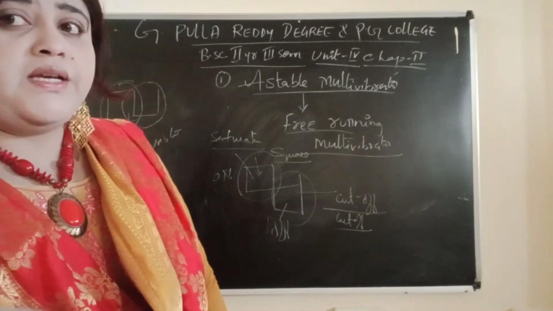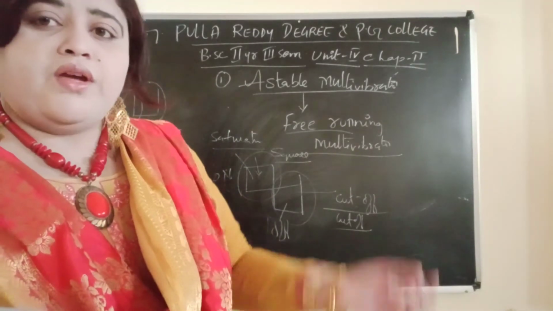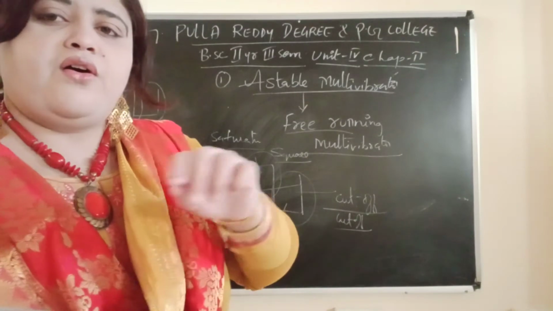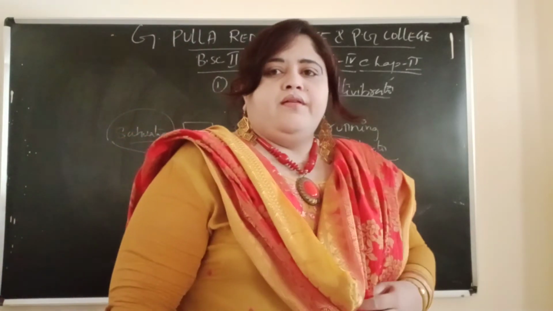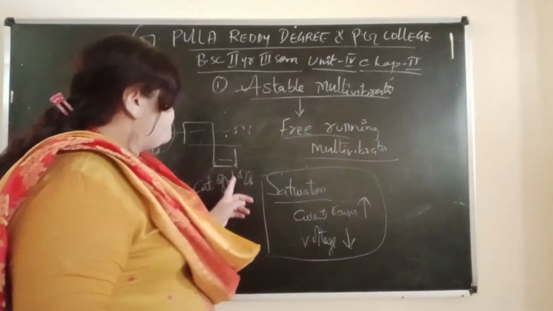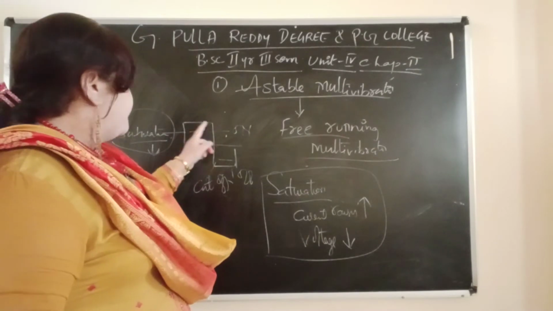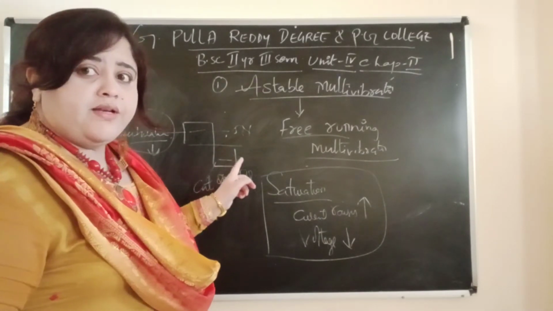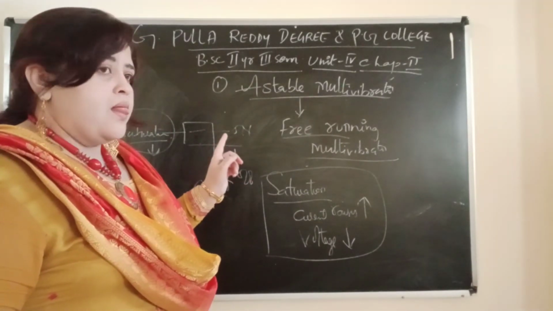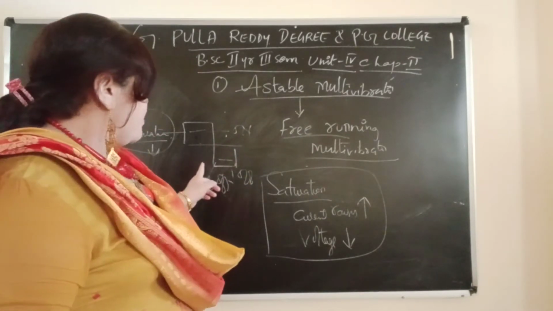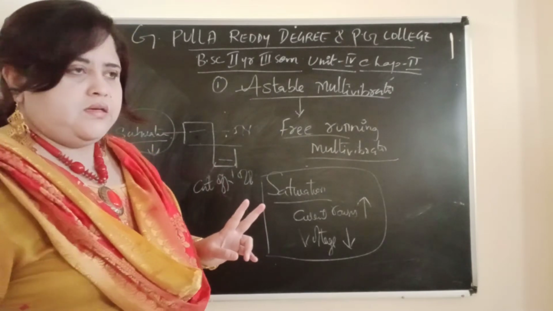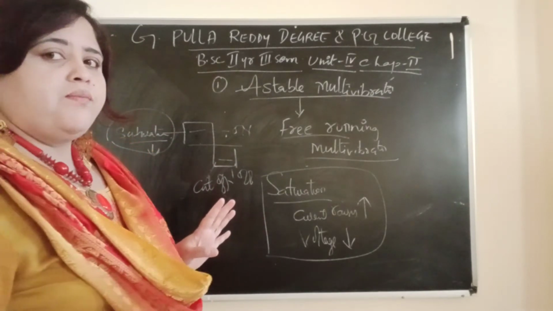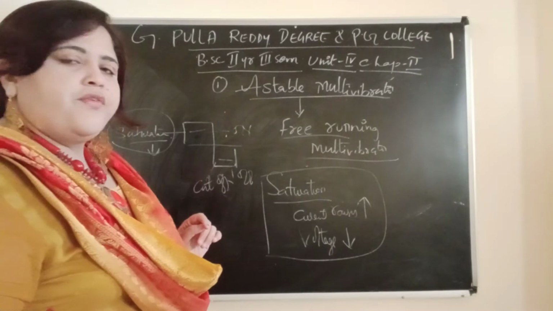This point you have to remember before going to any of the multivibrators. First we have to get the square wave from the multivibrator, and for drawing the circuit you have to compulsorily use two transistors.